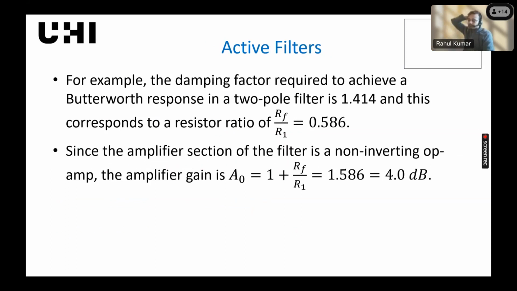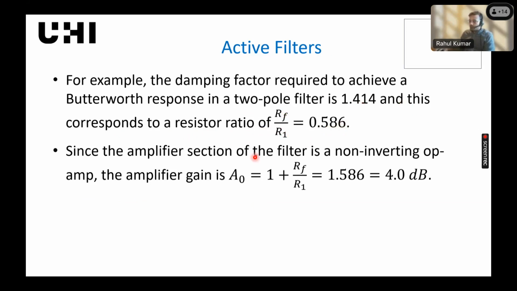Now for example, the damping factor that we require to achieve a Butterworth response for a two-pole filter or a second order filter is 1.414, and this is like the square root of 2, and the corresponding resistance ratio, that is Rf over R1, is 0.586.